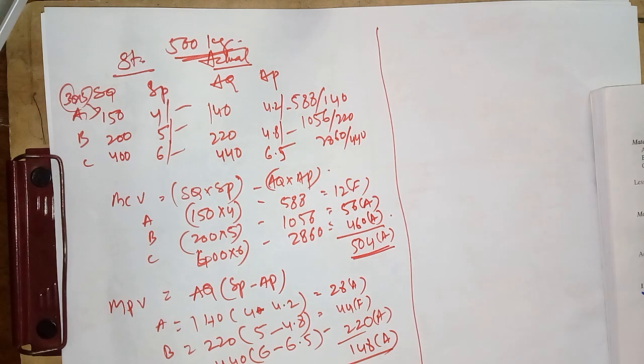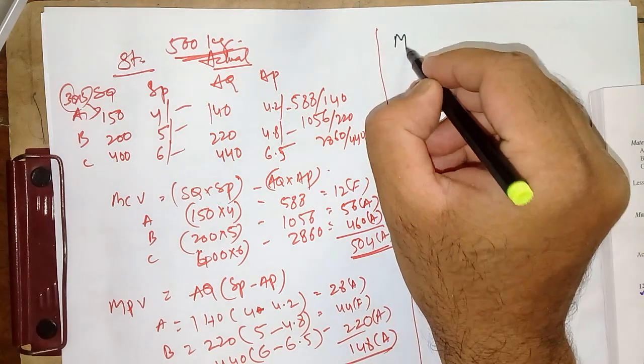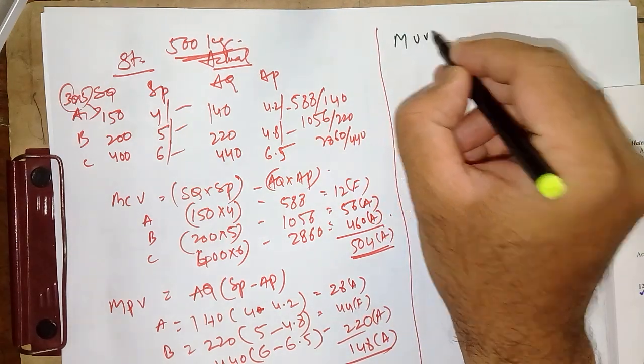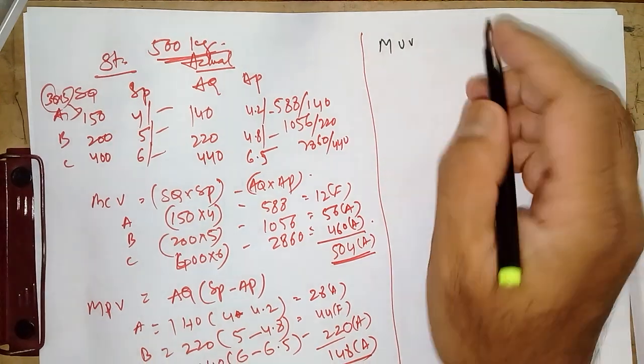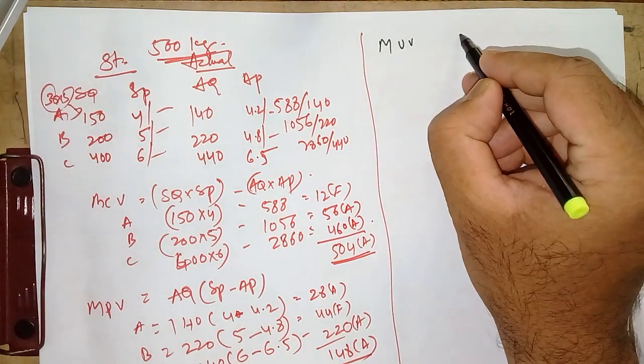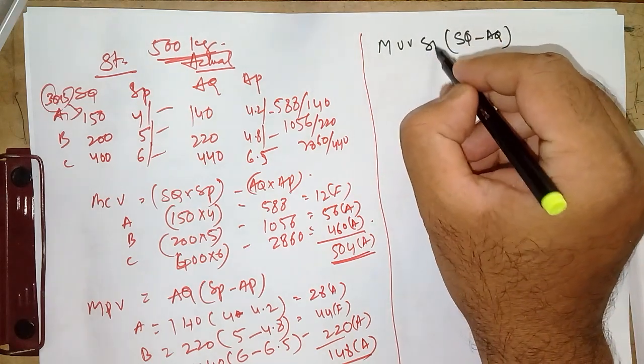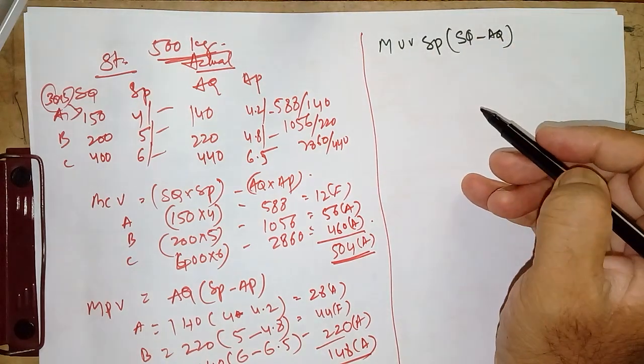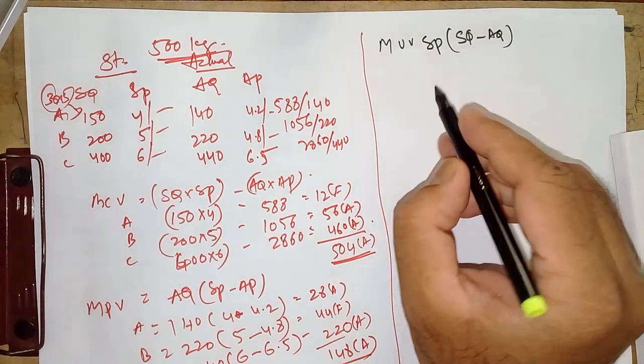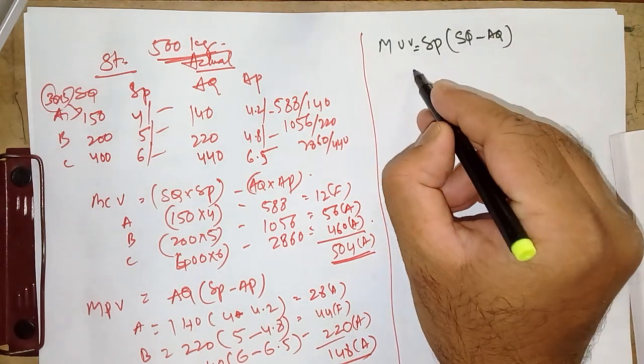After MPV, what are we asked to calculate? MPV, then MCV, then MUV, material usage variance. The formula for material usage variance is the difference between the standard quantity and actual quantity multiplied with the standard price, SP.